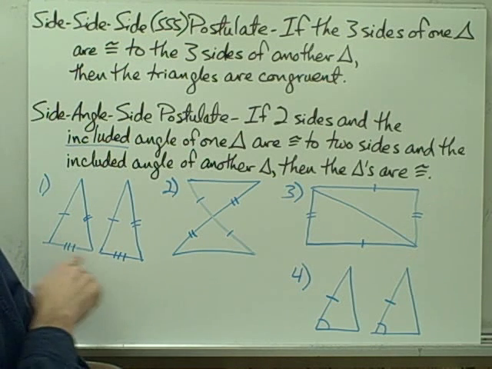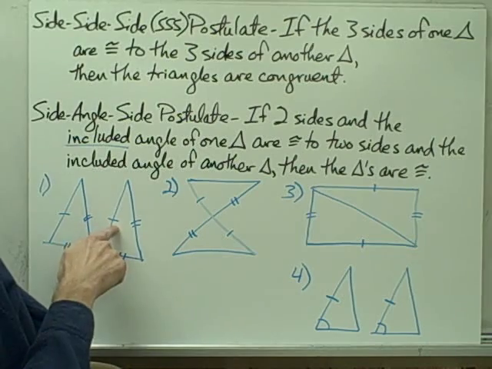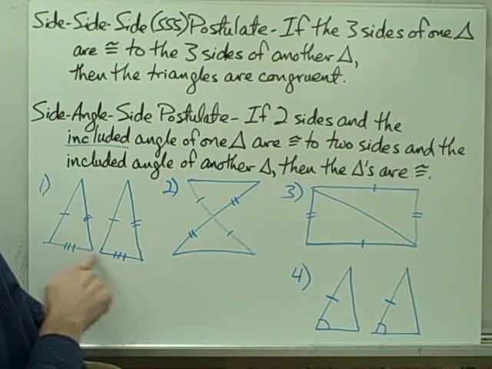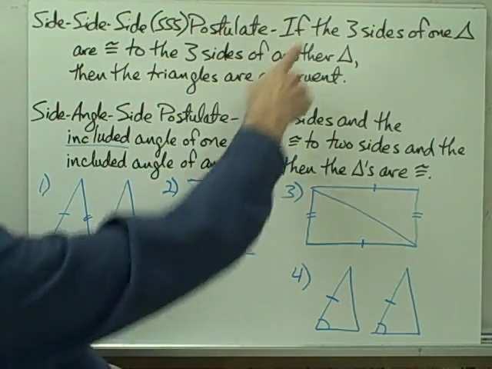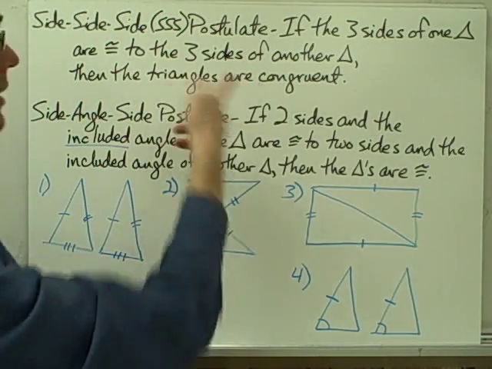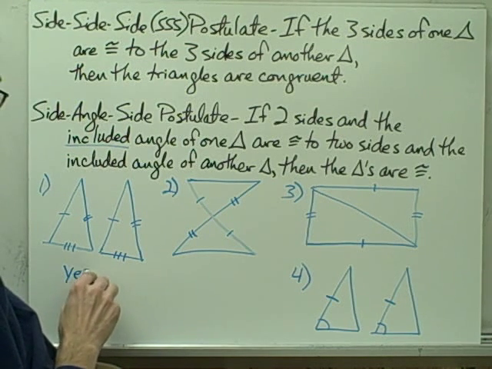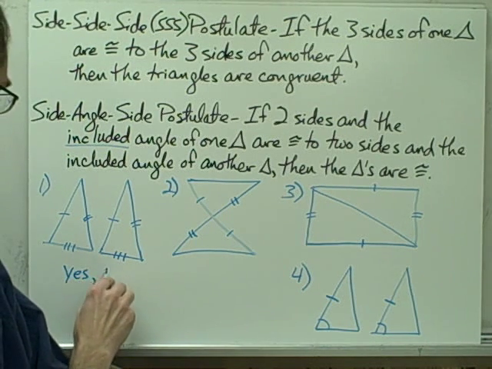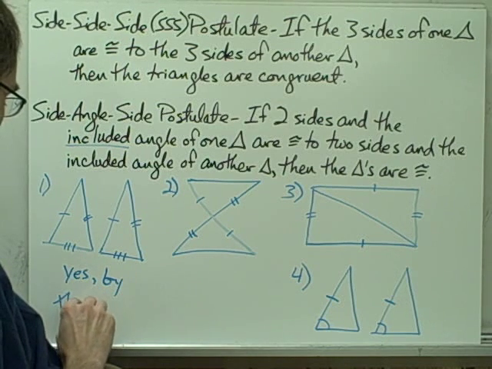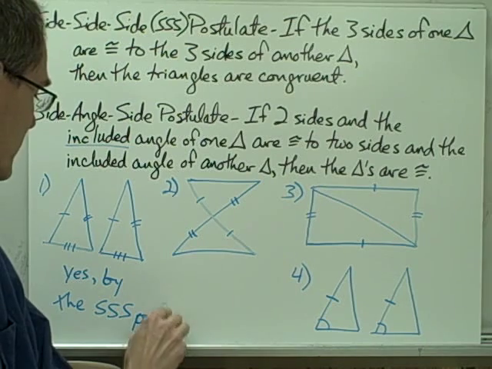The three sides of these two triangles are marked congruent. This side is congruent to this side, and this side congruent to this side. So I have three sides of one triangle congruent to three sides of another triangle. That means these two triangles are congruent. I would say yes, they're congruent by the side-side-side postulate.